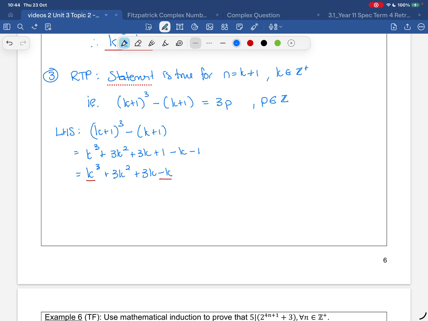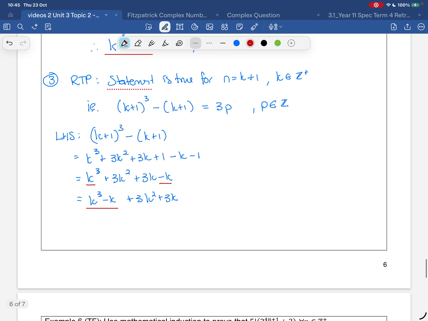So if I rearrange this to be k cubed minus k plus my 3k squared plus 3k, this is actually already equal to 3m. So that's already a multiple of, or divisible by, 3. And then when I look here, I've got 3 times k squared plus k. I can take out a 3, so that becomes 3 times m plus k squared plus k.